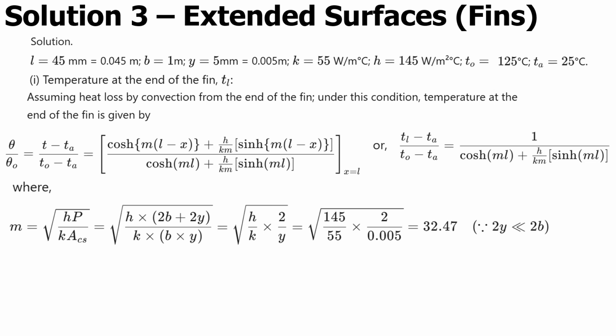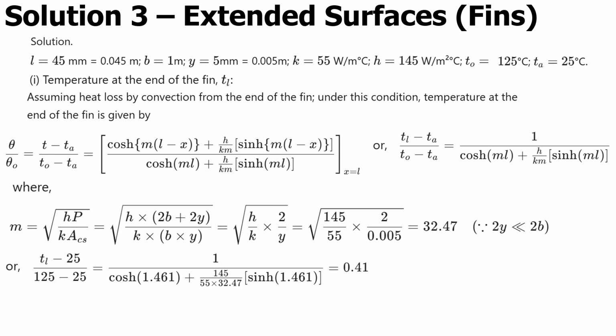And when we do that, we end up with a value of 32.47. Now let's calculate ML based on that, and we get a value of 1.461. And if we plug into the formula, which we have done, it gives us the results that we're seeing there.